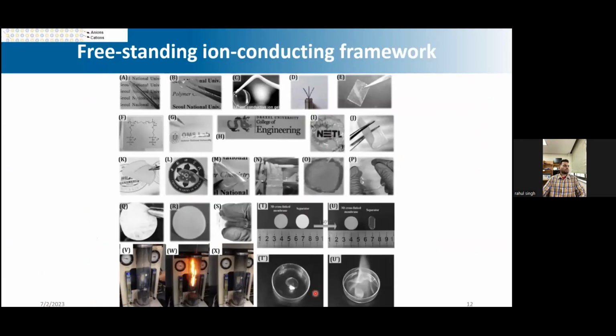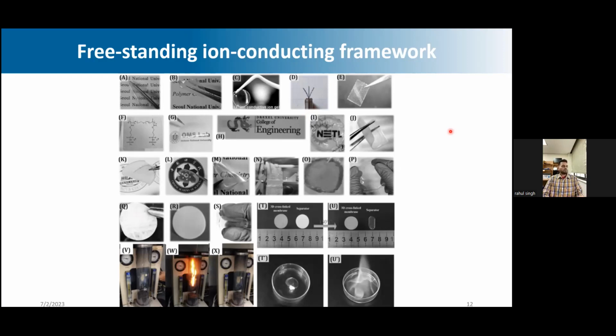It also talks about this type of freestanding ion conducting framework or membrane, prepared with the physics and chemistry I talked about earlier. All these membranes demonstrated here have been prepared with that polymer chemistry. It looks similar to a conventional solid polymer electrolyte, but the chemistry part is totally different, and the mechanism is very reliable.